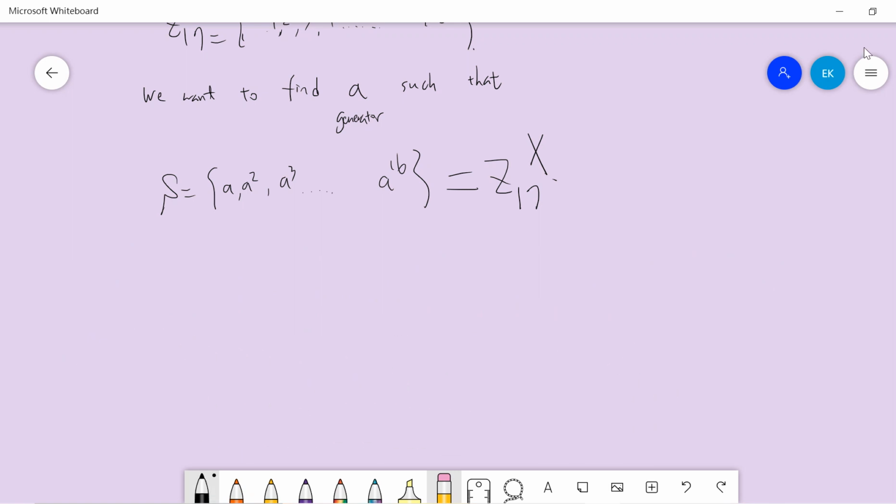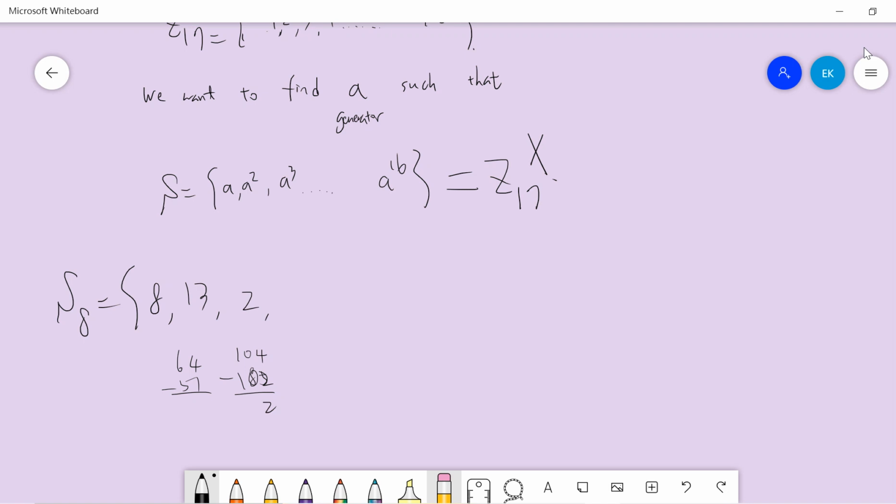How about 8? We have 8 squared is 64. 64 modulo 17 is 13. And 13 times 8 is 104, modulo 17 is 2.